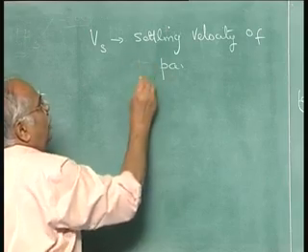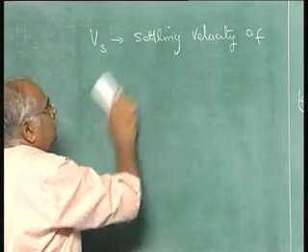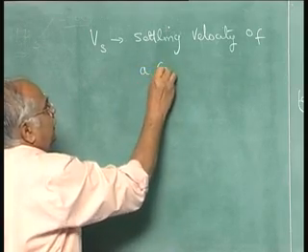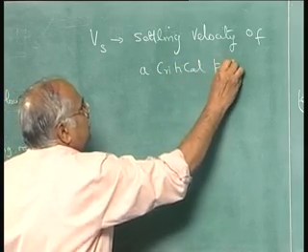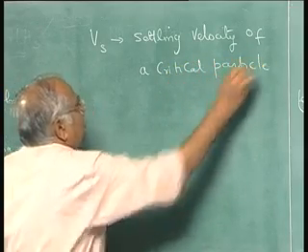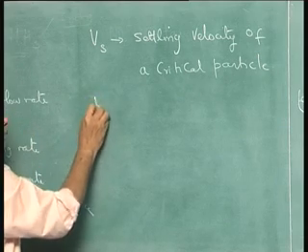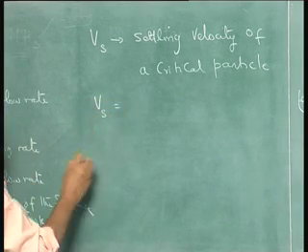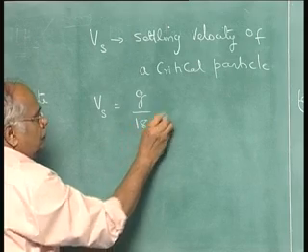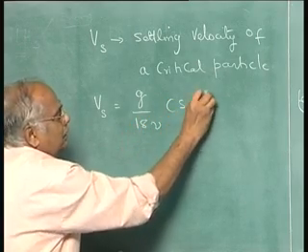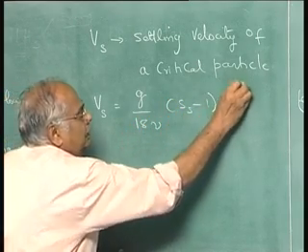Of a design particle, a critical particle. So the Vs is given by Stokes law, g by 18 nu into (Ss minus 1) into dp square.